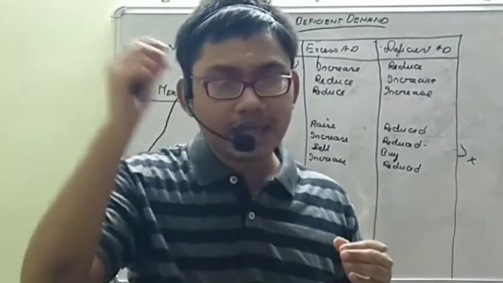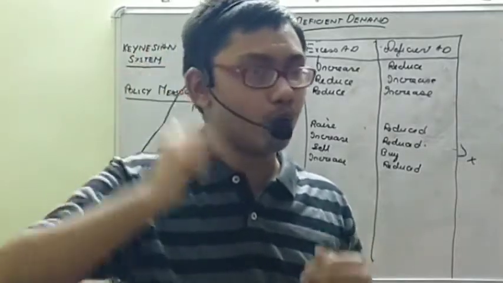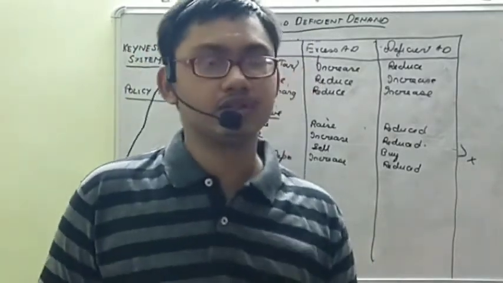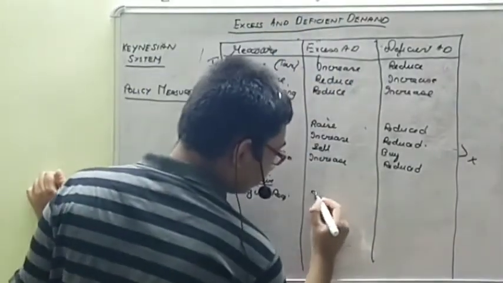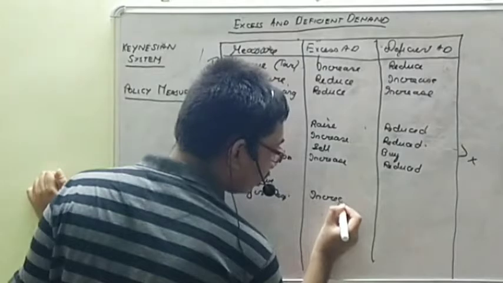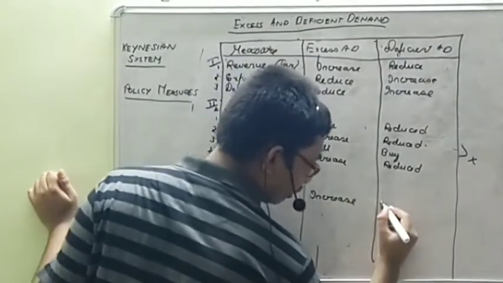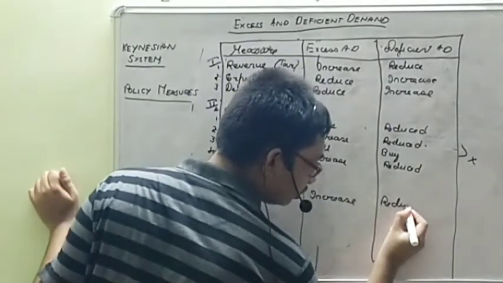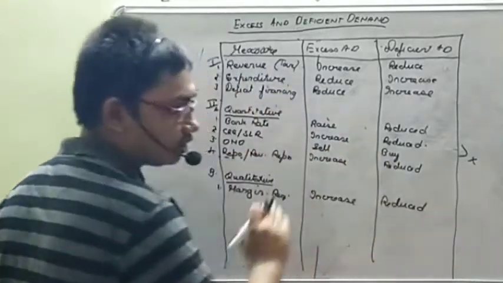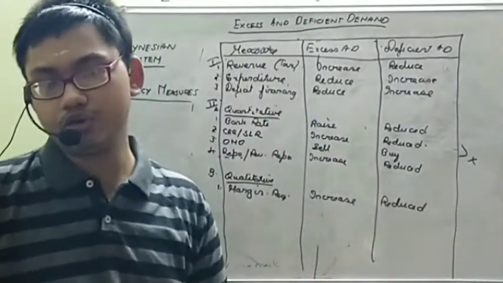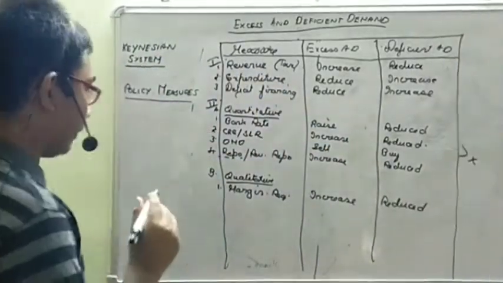So I will naturally bring my loan amount down. So margin requirements will be increased in order to curtail excess demand. It will be opposite in deficient demand. They should be reduced in case of deficient demand.